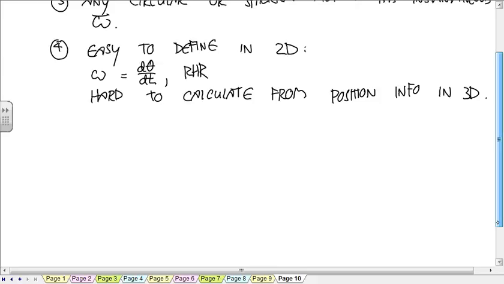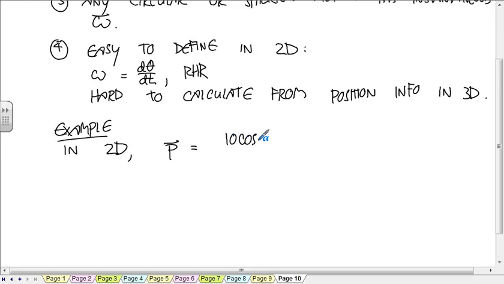Okay, so here's a two-dimensional example. Let's say that in 2D, an object's position is given by the function 10 cosine 2t, 10 sine of 2t.